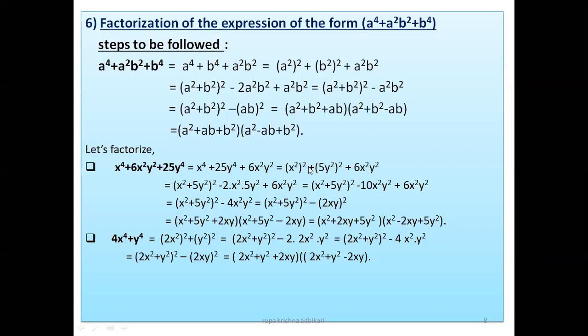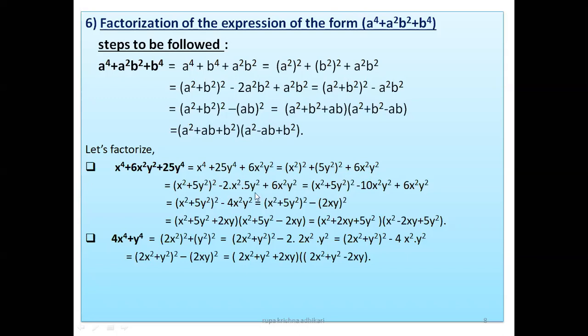That is (x square) whole square plus (5y square) whole square plus 6x square y square. Now this one again, a square plus b square form, I'm writing in the form of (a plus b) whole square minus 2ab. That is (x square plus 5y square) whole square minus 2 into x square into 5y square plus the remaining term as it is.